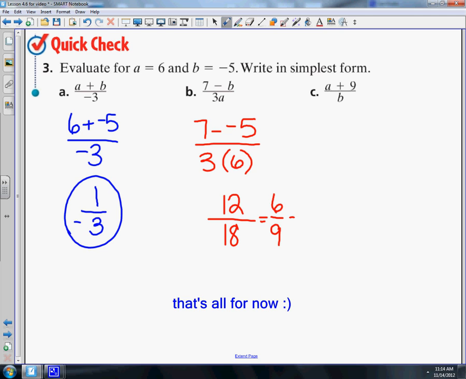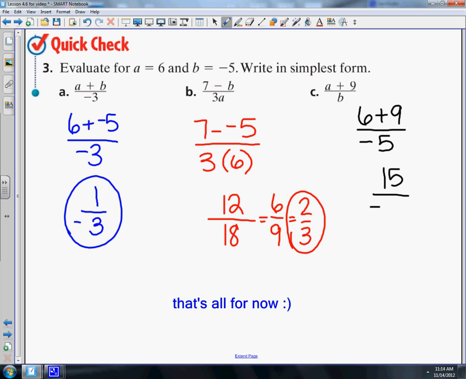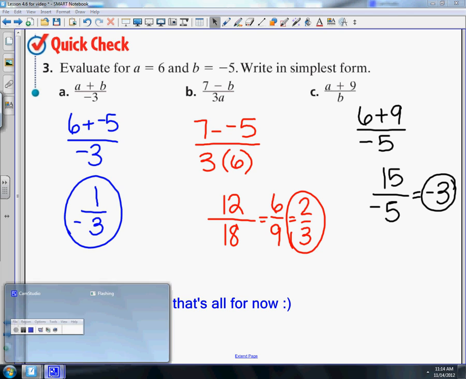And then I can divide by 3, which is 2/3. Lastly, I have 6 plus 9 all over negative 5. 6 plus 9 is 15, divided by negative 5 is negative 3. All right, that is it for your notes.